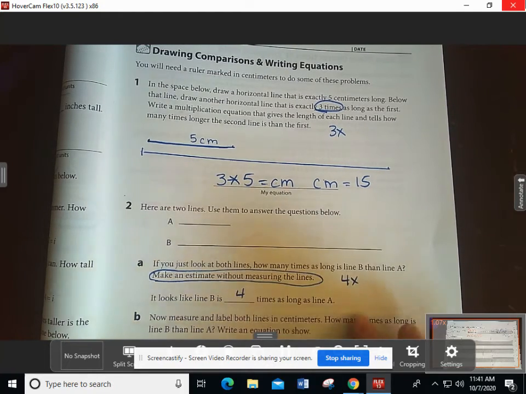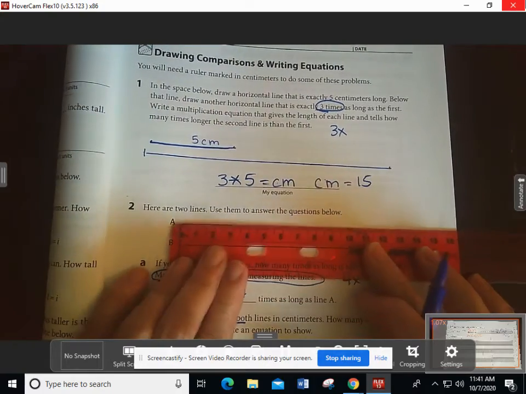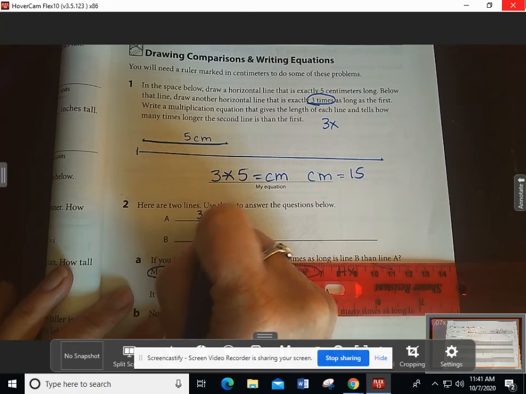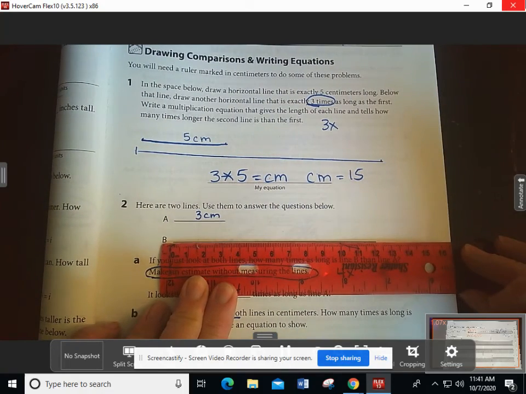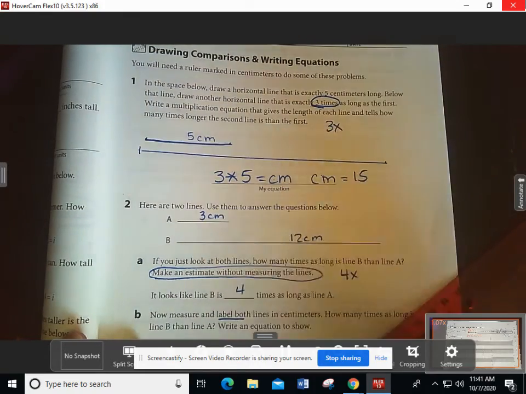It says measure and label both lines in centimeters. So this one we figured out is 3 centimeters. Now we have to figure out this one. And this one is 12 centimeters. How many times as long is line B than line A? How do we figure this out?